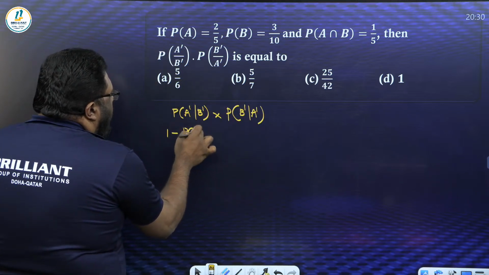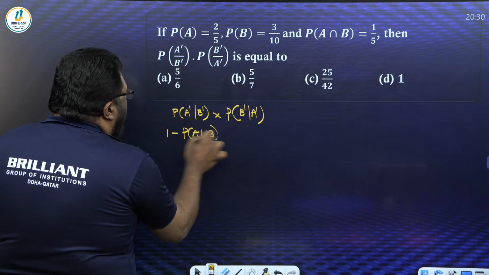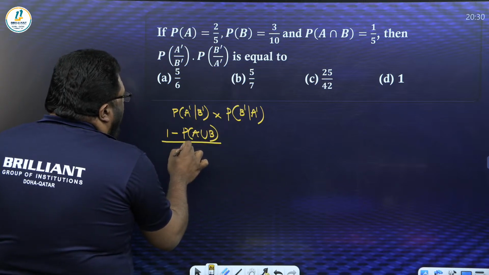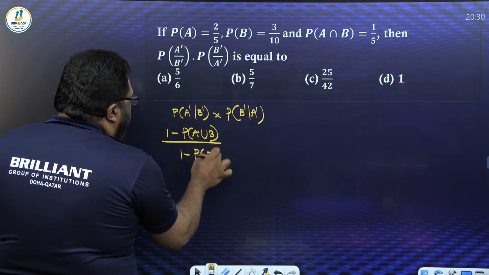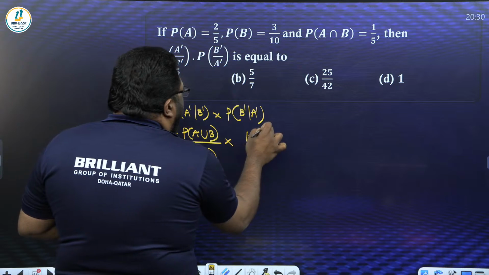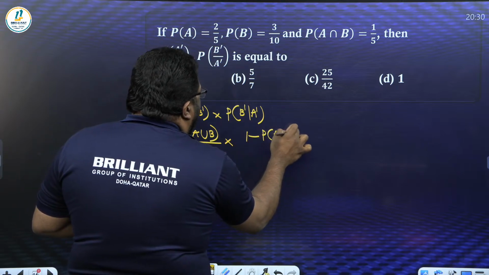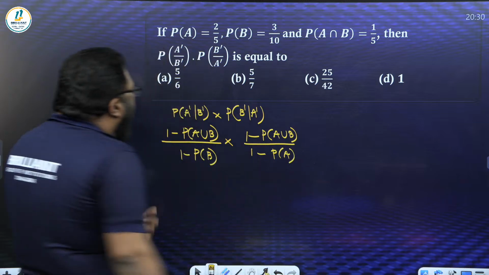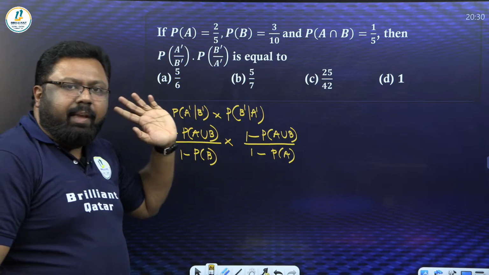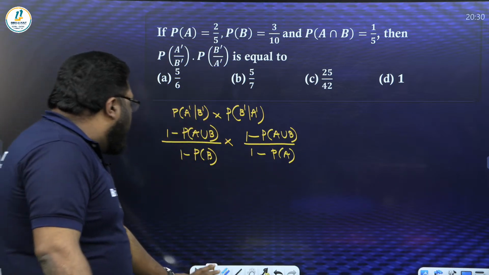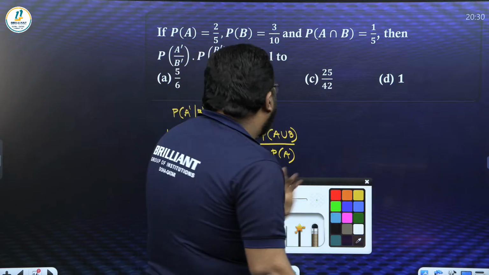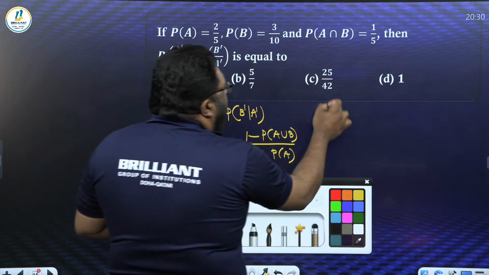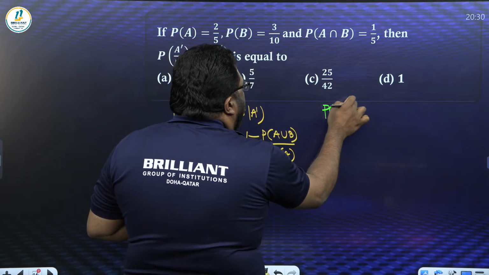Just now we saw P of A dash by B dash is 1 minus P of A union B by 1 minus P of B. That is multiplied with again 1 minus P of A union B divided by 1 minus P of A. I have A, I have B. I just need to get A union B in both the cases. For getting A union B, we know the addition theorem of 11th standard.